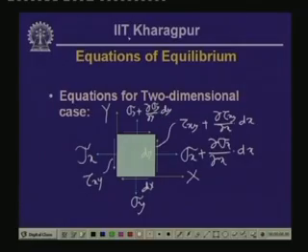Then this is tau y x, and this gives the variation tau y x plus del tau y x del y times dy.